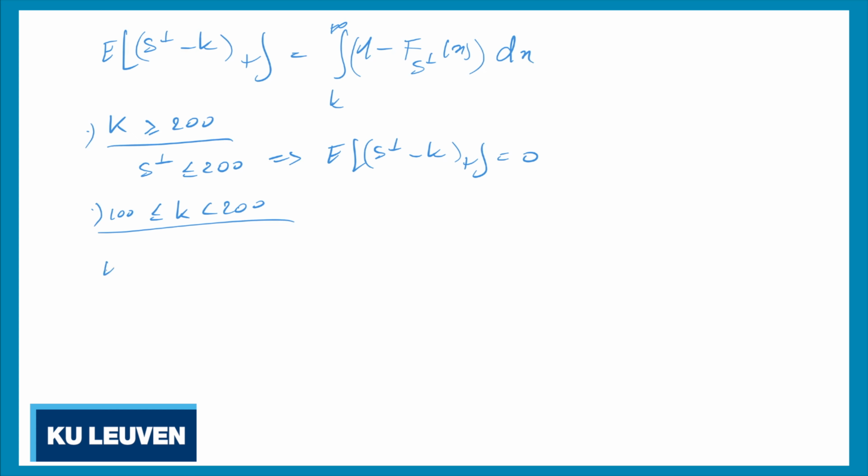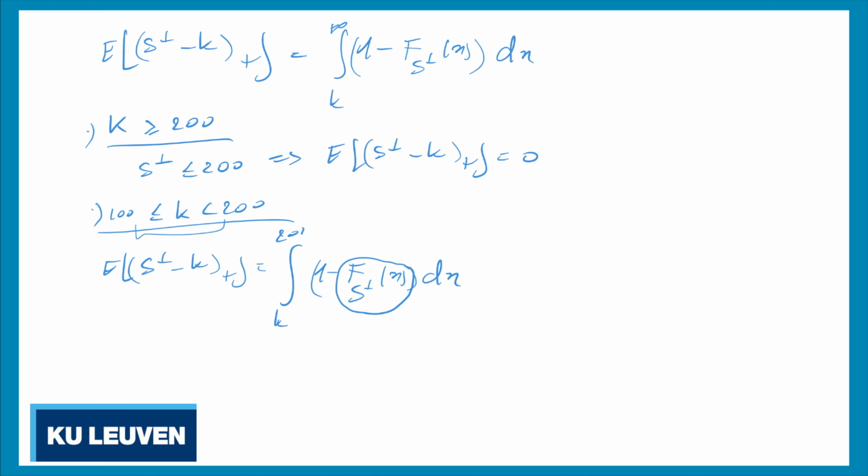Then we have that this stop-loss premium, you can write it as an integral from k to 201 of 1 minus F_S(x) dx. But we know from our previous slide that in this interval, the CDF F_S(x) is a constant and is always equal to 3 over 4.